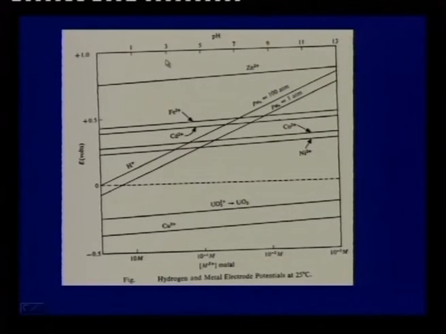Finally, we have a plot which shows the variation of potential with metal ion concentration for various values of pH2 and various values of pH.